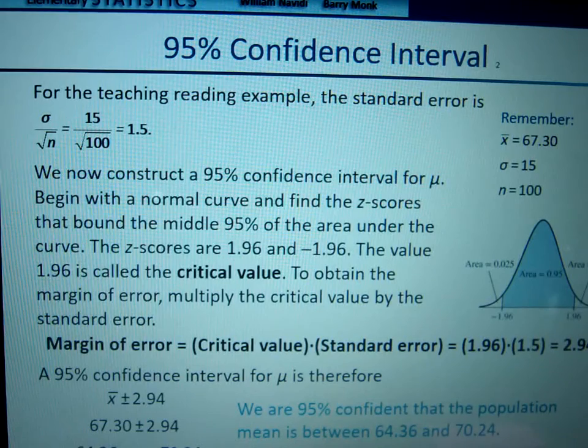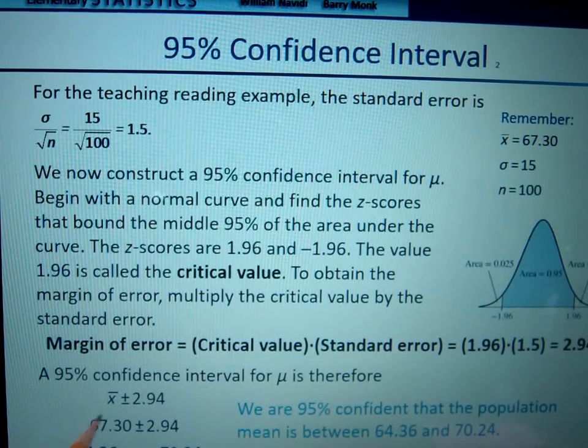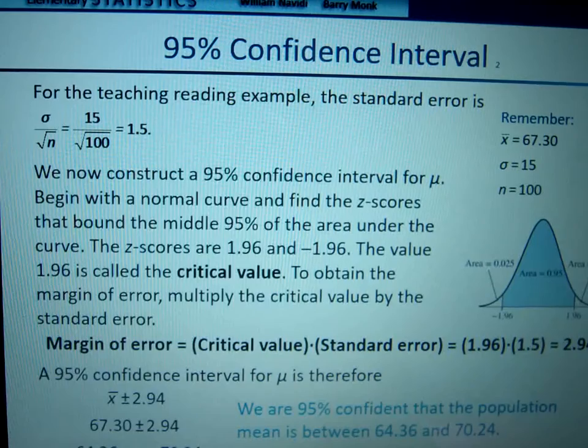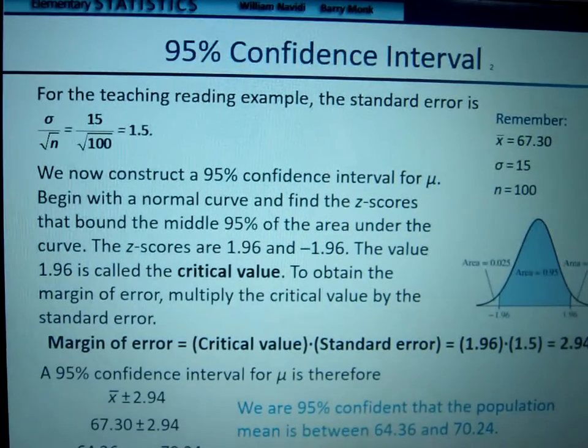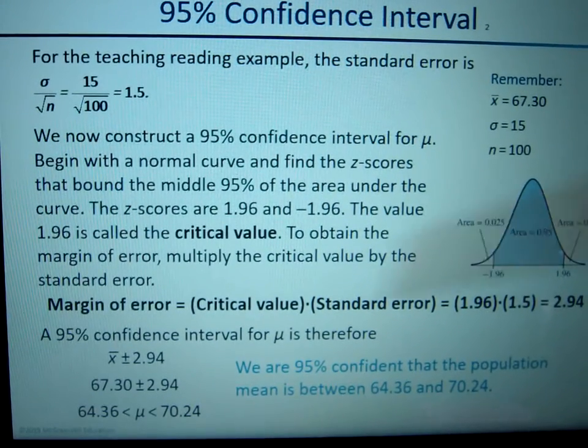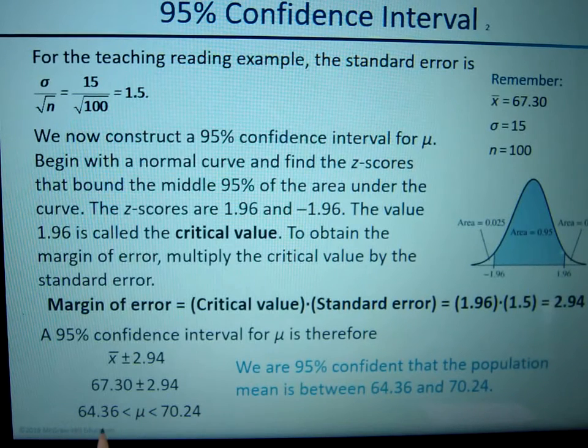That's our margin of error, so we're going to take our mean value plus or minus, give or take, 2.94. That gives us 67.3 plus or minus 2.94, which gives us the interval of 64.36 to 70.24.